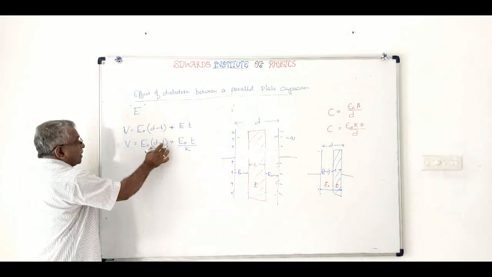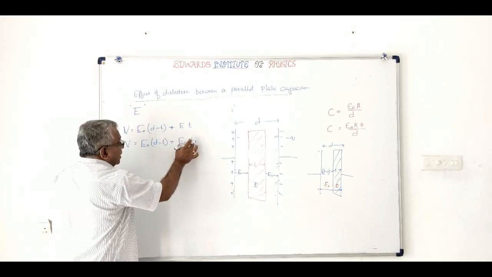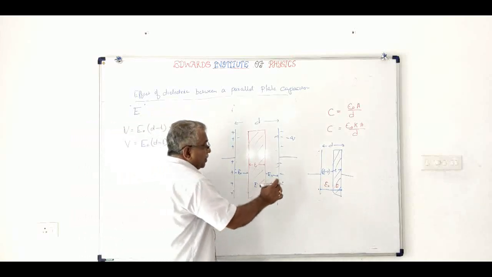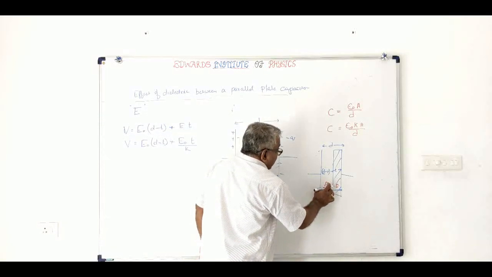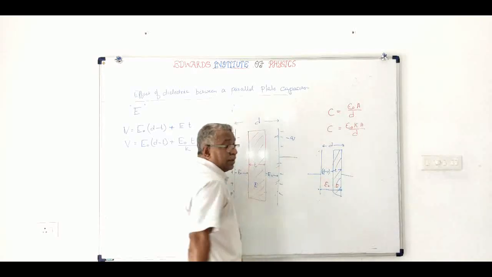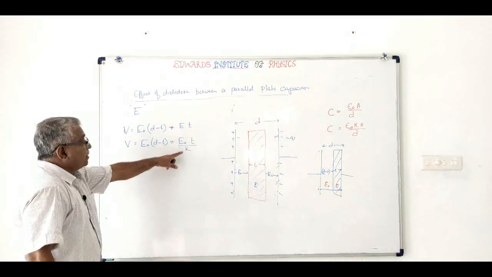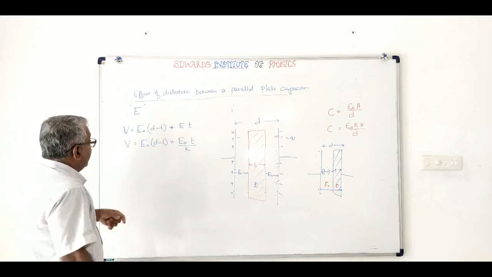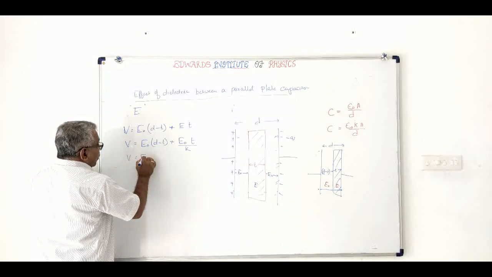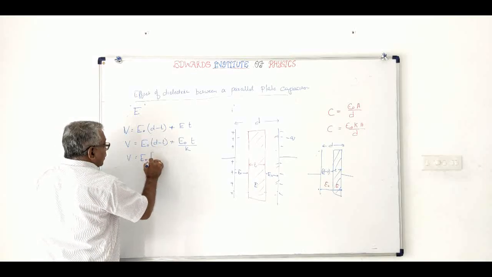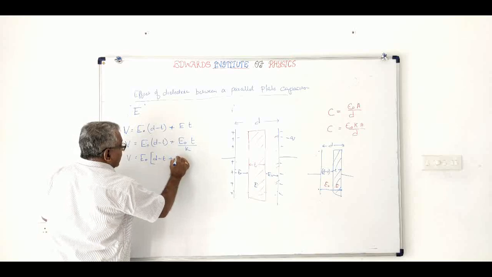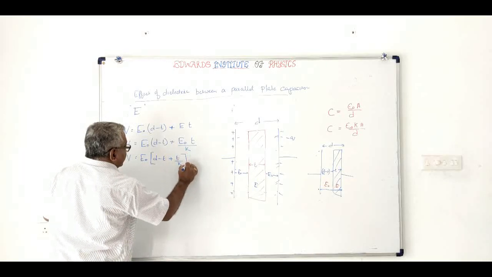Now it has become E0 into D minus T plus E0 into T by K, because I have to do these two types of work. One is E0 into D minus T and another is E into T. That E is equal to E0 by K, that we know. Now V will be equal to, we can take E0 common, into D minus T plus T by K.